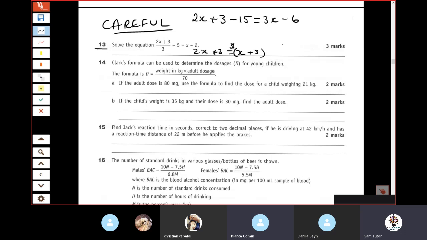So you should end up with the same answer, which is x equals -6. 3 take away 15 is -12. Minus 6 plus 12 is positive 6, but because you're going to bring it over, it's -6 equals 6, which means x equals -6. 3 marks. Amazing. Anybody want me to go through that a little bit further in detail? No?